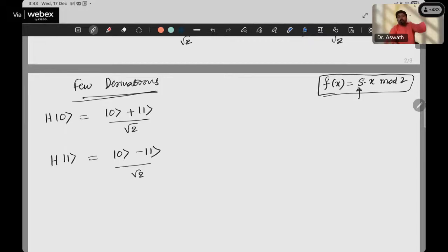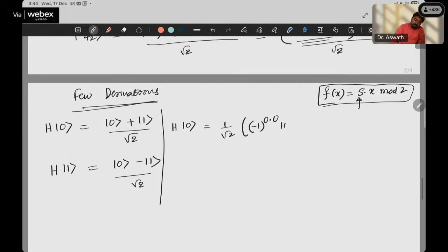So in that fashion, let's say Hadamard gates are involved in my function. How can I explain something like s dot x? For that, I'll use a trick. Hadamard acting on 0 is equal to 1 by square root of 2 times minus 1 to the power of 0 into 0, 0 ket, plus minus 1 to the power of 0 into 1, 1 ket.